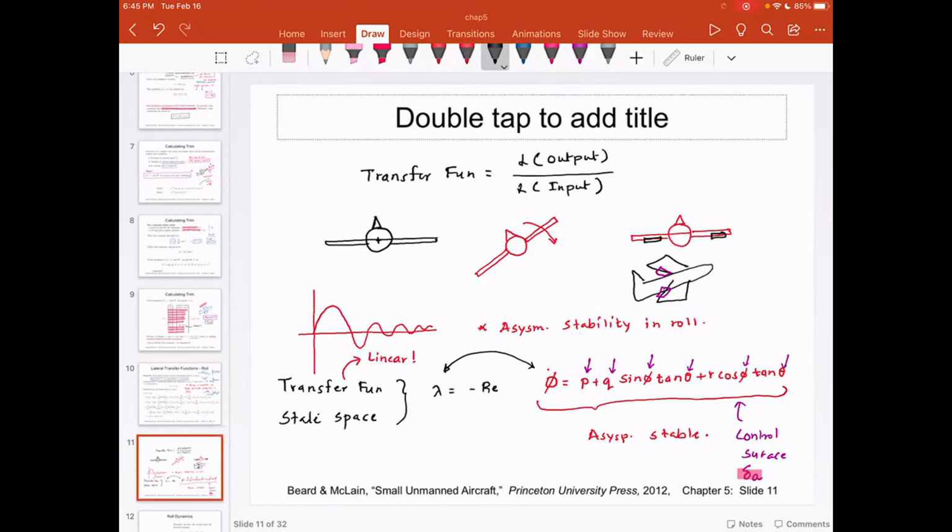If you have a differential equation x dot, when we take the Laplace transform, it becomes Sx. If you have x double dot, when you take the Laplace transform, it becomes S squared x.